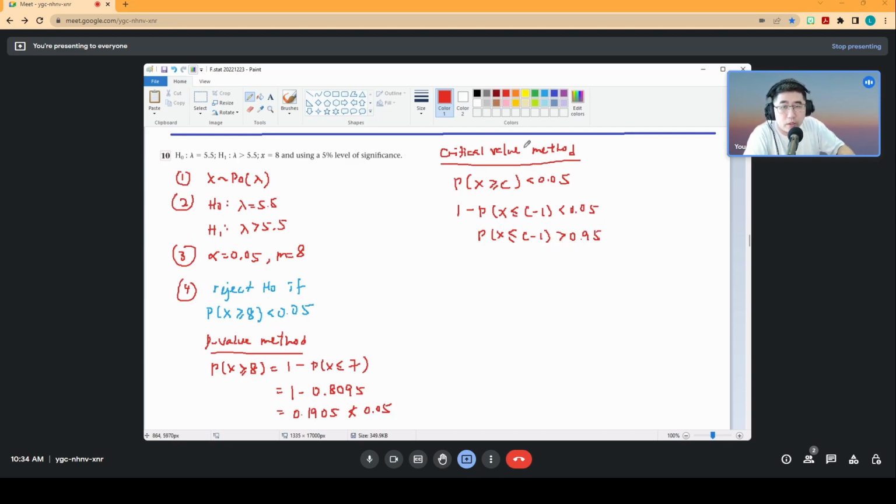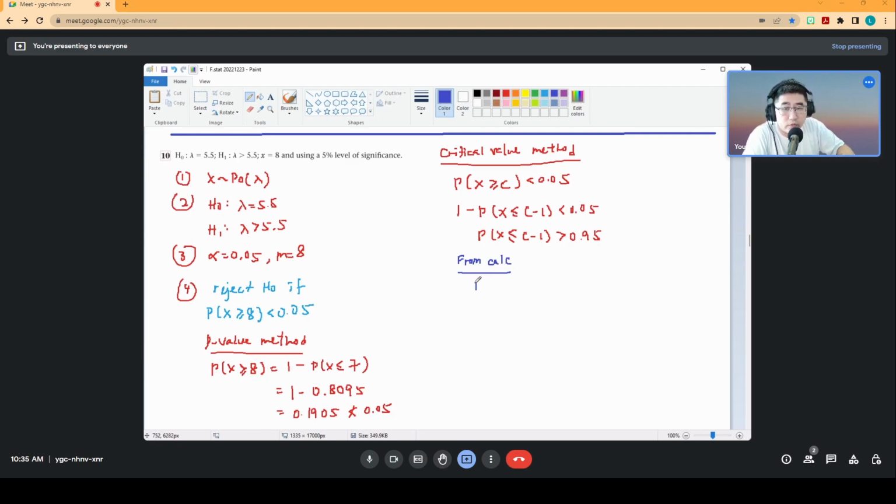So I use my calculator. From calculator, Poisson CD, I'll go for the list. Then maybe this one, this is 7. So I have 7, 8, 9, 10, 11. Okay, then this is 5.5.